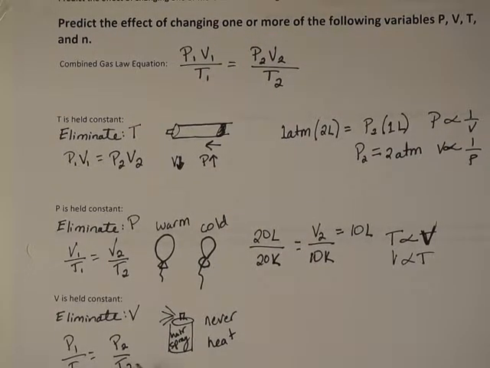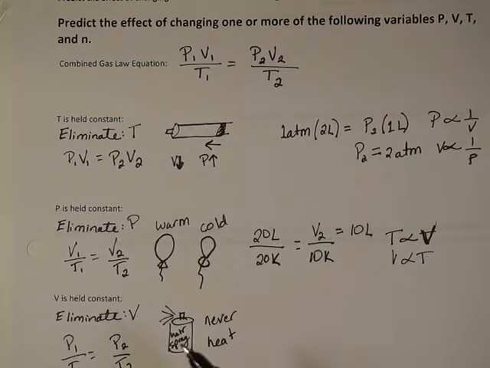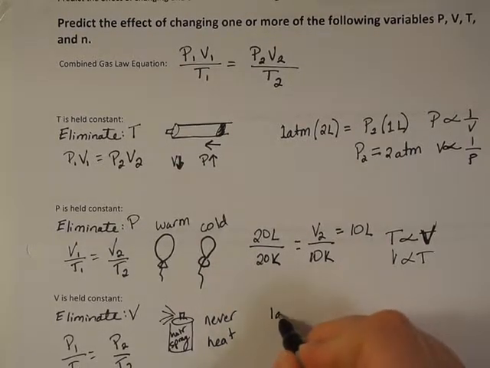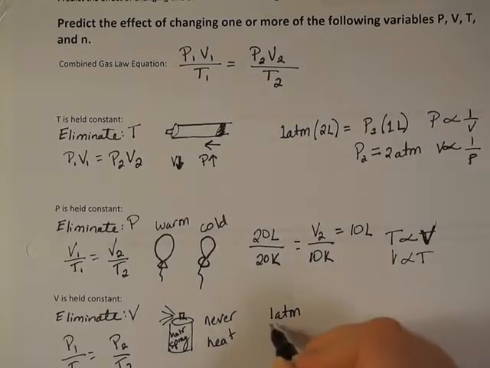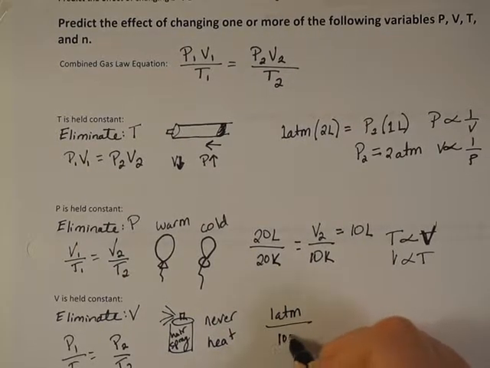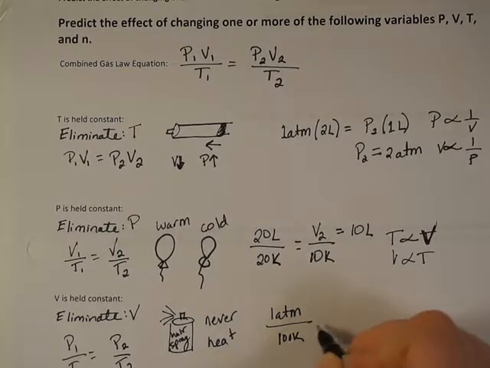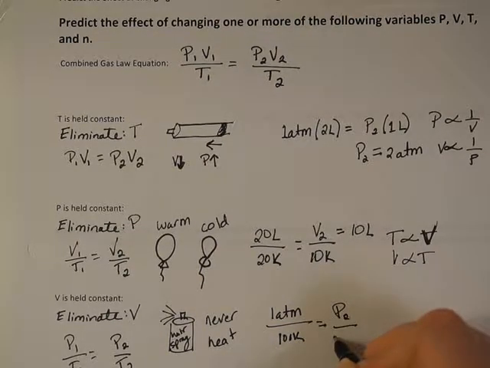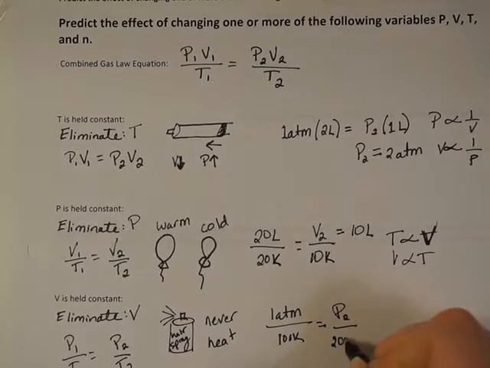However, if our temperature goes up, then our pressure inside the can can absolutely go up, and it could even explode. Again, we can prove this mathematically. 1 atm is pressure 1 over 100 Kelvin. That's temperature 1. Again, what would happen to our pressure if we increase our temperature to 200 Kelvin?